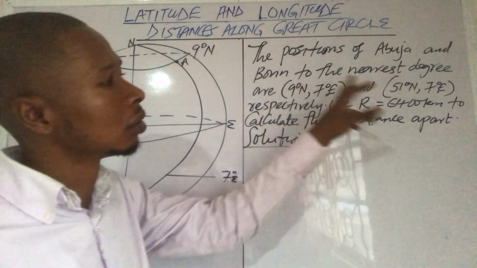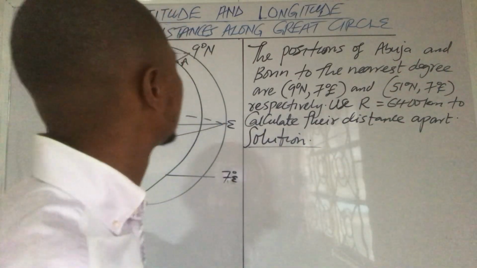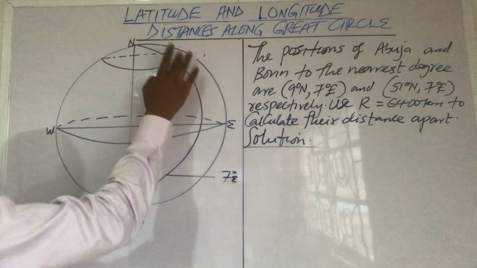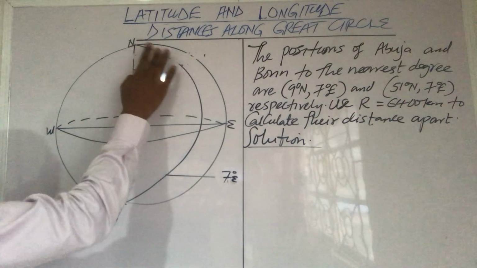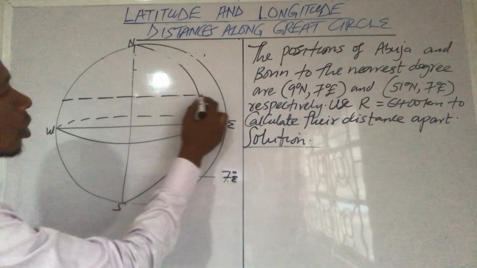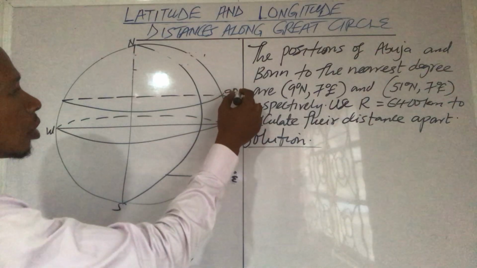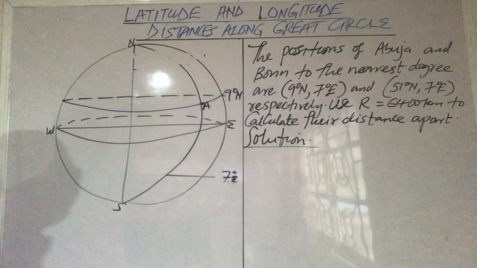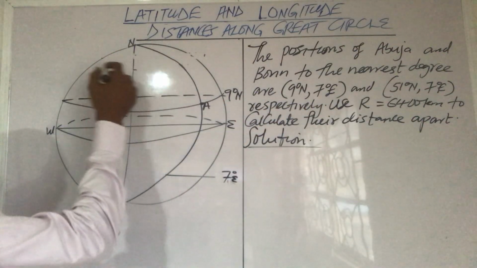Then Bonn, 51 degrees north, 7 degrees east. 51 degrees is supposed to be above, so let me redraw this one. 51 degrees is supposed to be above 9 degrees. So this is the 9 degrees, Abuja, and 51 degrees will be the upper part.